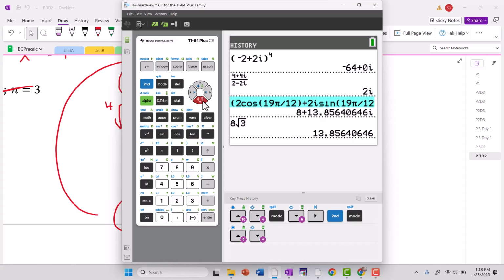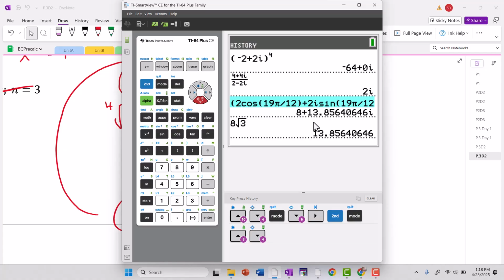I needed parentheses first to enclose 2 cosine 19 pi over 12 plus 2i sine 19 pi over 12. And then you'll have to take my word for it. I raised it to the 4th power, and look at what I got: 8 plus 13.856i. And then I typed, is 8 root 3 13.856?